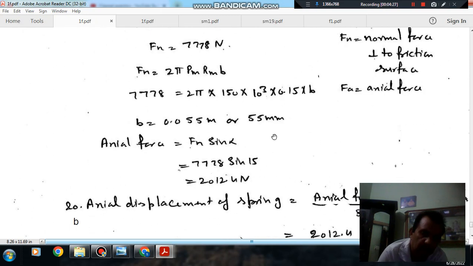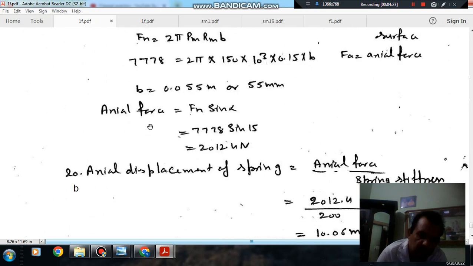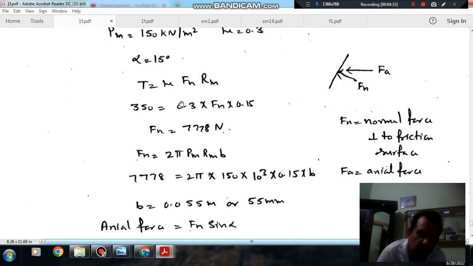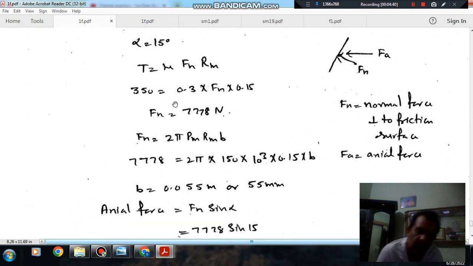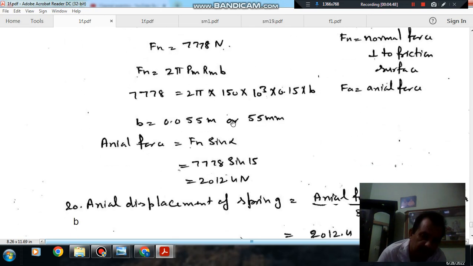As the clutch is disengaging, there will be displacement of the spring, because the force is applied against it, the spring which during engagement makes contact between the two friction plates. So when the clutch is pressed, the contact is removed and disengagement of the clutch takes place.